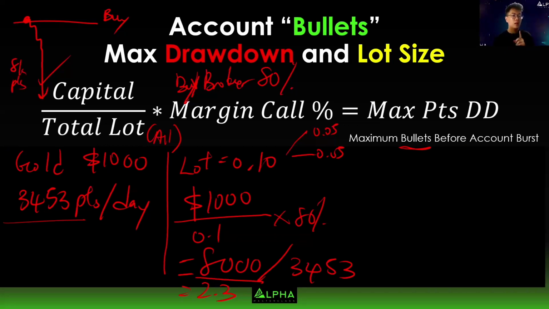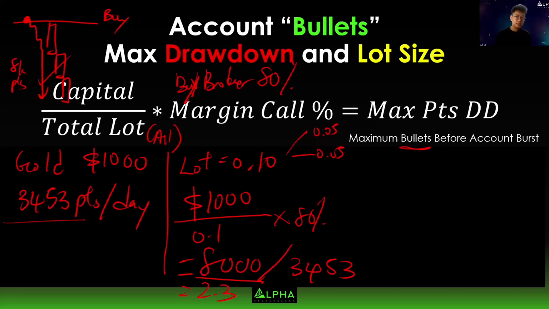You have already lost all of your money. In short, you lose everything. That translates to a drop of 2.3 days. As long as you buy gold and it comes down for about 2 consecutive days, you already lose money.